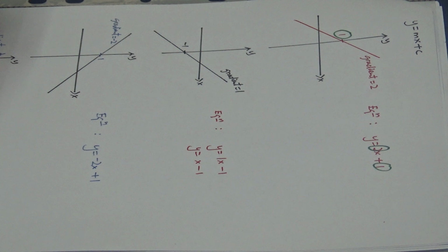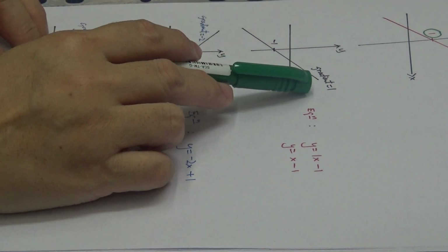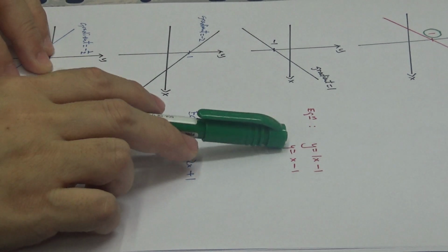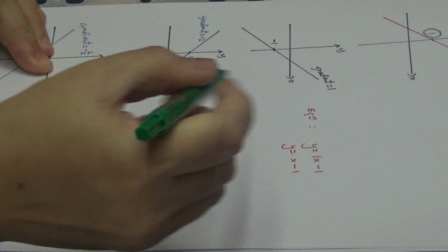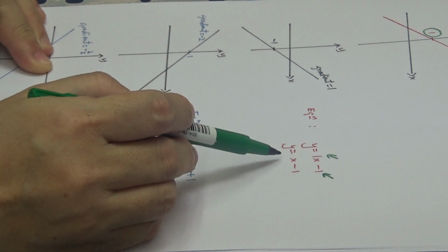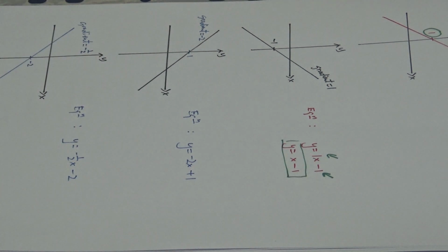This is how we write the equation. Now, let me give you another example. If this line has gradient 1, and it cuts the y-axis at -1, I will have y equals 1x minus 1. Can you see that this is the gradient, this is the y-intercept? But because 1x is written as x, this will be the final equation for the line that is represented.